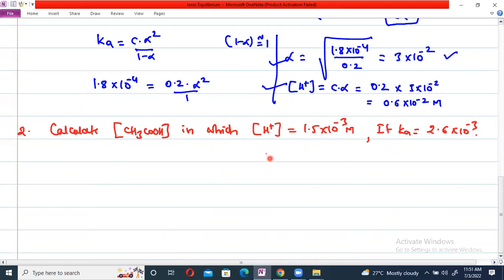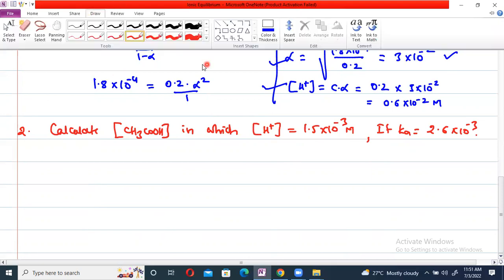In the previous question, the concentration of acetic acid they gave, K they gave, and they asked to get H plus. Now exactly a different order. K they give, H plus they give, and they are asking the concentration of acetic acid.